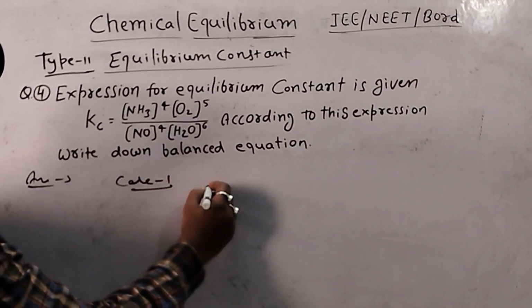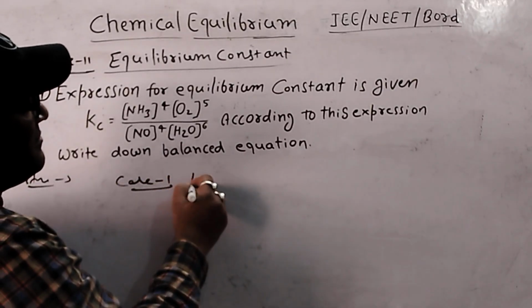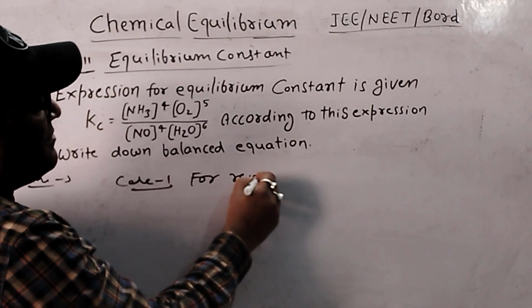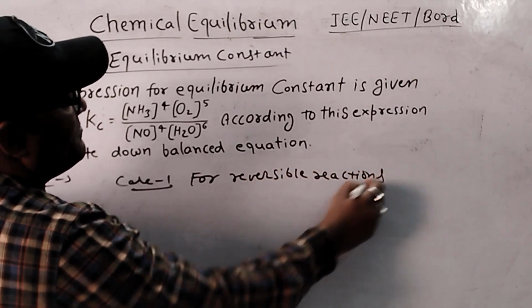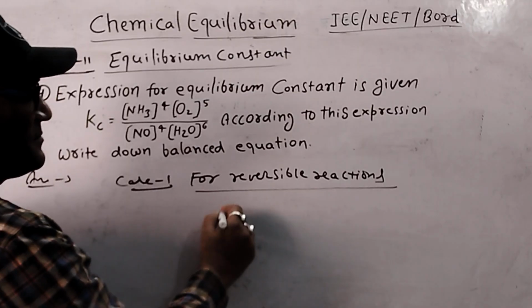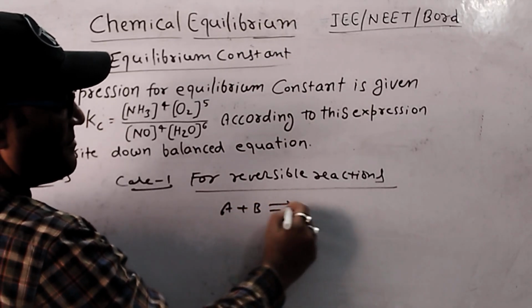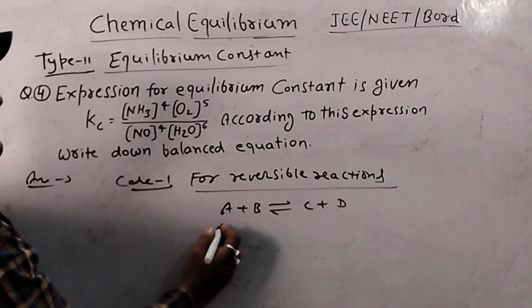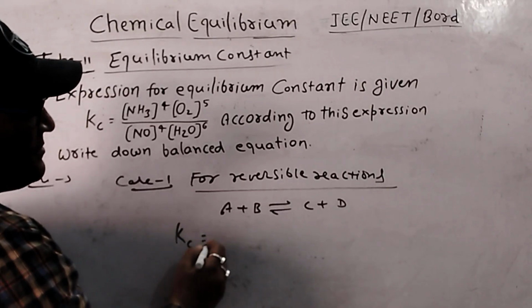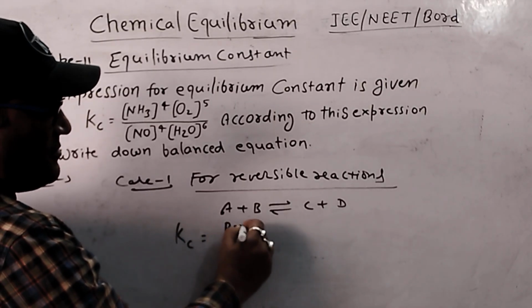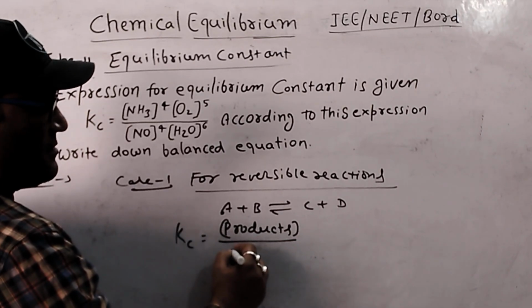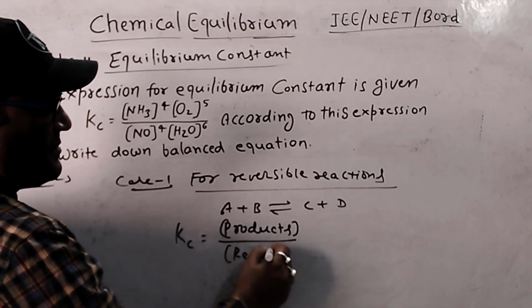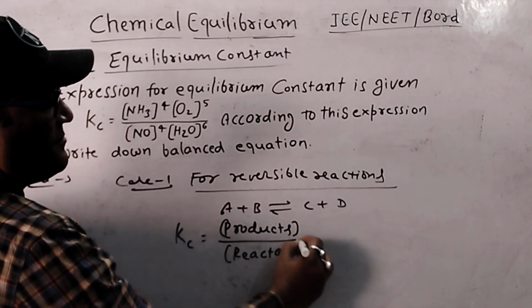Case 1, for reversible reactions, A plus B gives C plus D. We can write here the value of Kc as concentration of products divided by concentration of reactants.